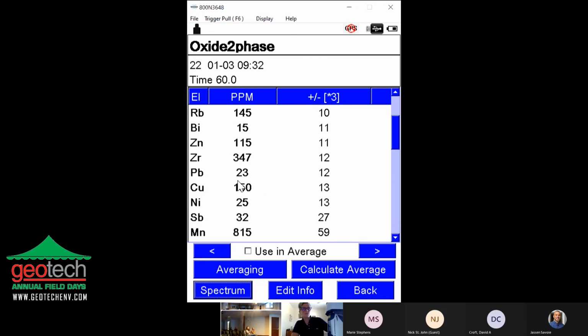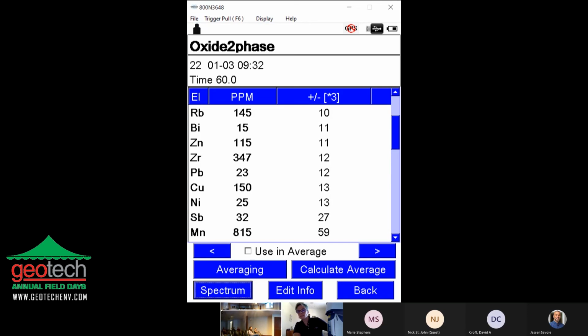So here's a 23 plus or minus 12, and this is only 30 seconds on that second sample. It's still within the range of 31, but the whole idea is the longer you analyze for, the better. I can change my time and analyze for a longer period to get my precision down.